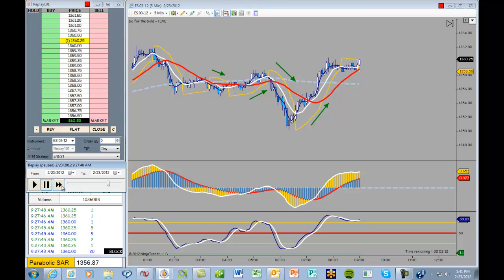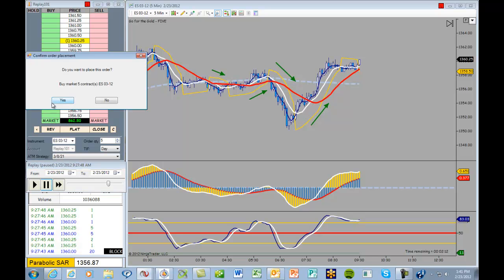All right, we've got red, white, and blue, and a bullish parabolic now. Stochastic is in the overbought zone, but that's okay. We've got a little blue peeking above the white, so let's get long.